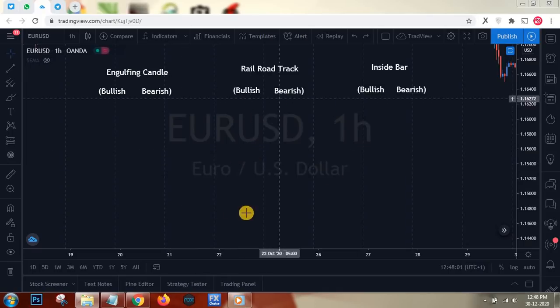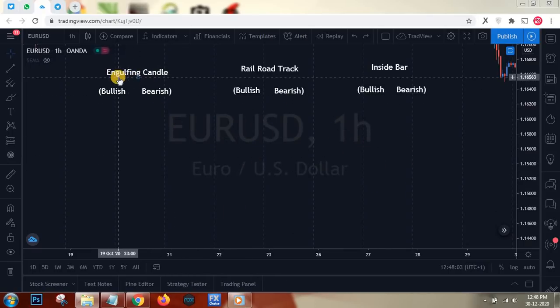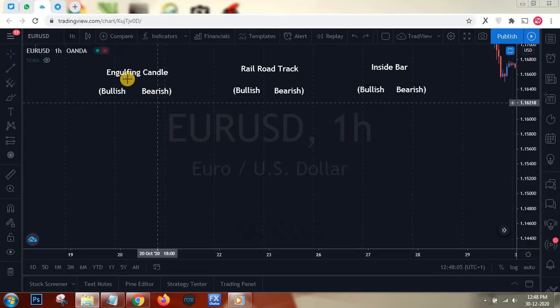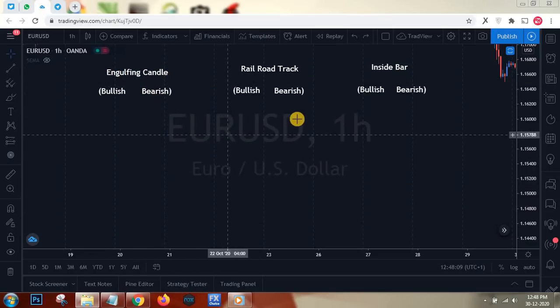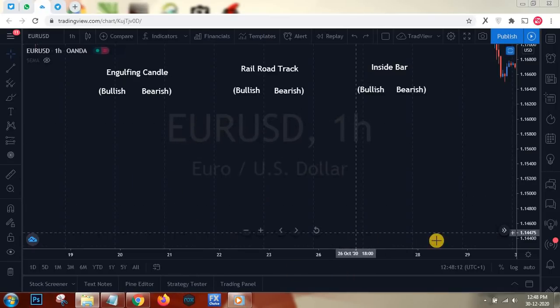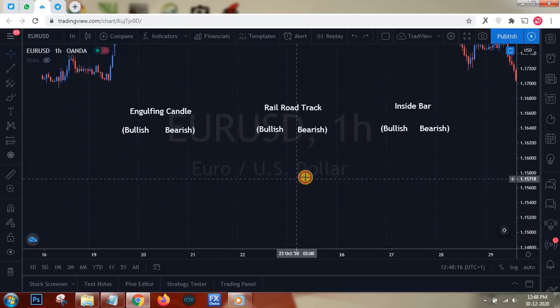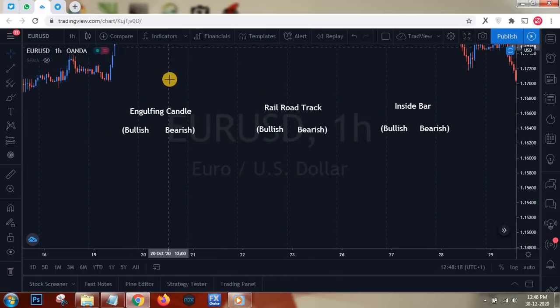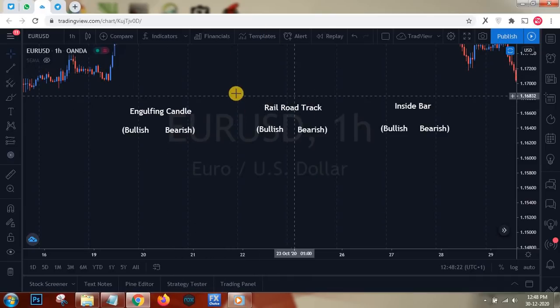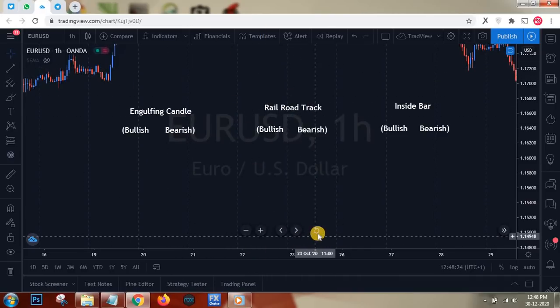But let's get down to showing you on the charts. So we have engulfing candlestick. I'm going to limit myself to 10 pips. Like I told you, you don't blindly trade this, but because this chart is not marked up, I'm just going to show you where it's played out and all that.